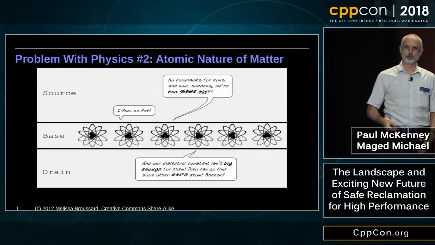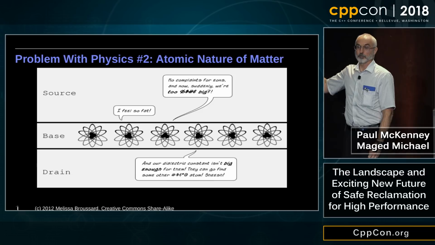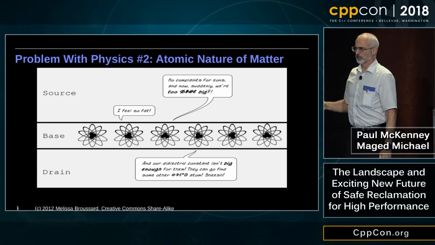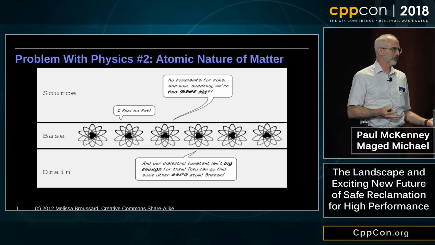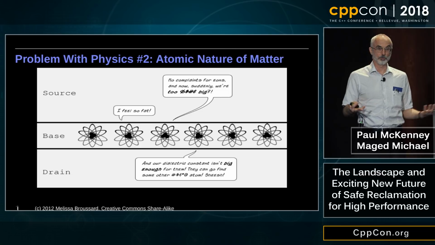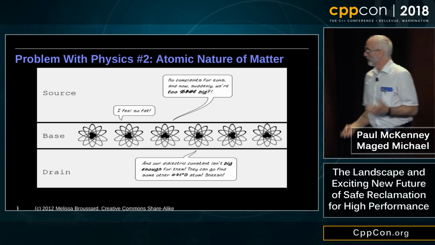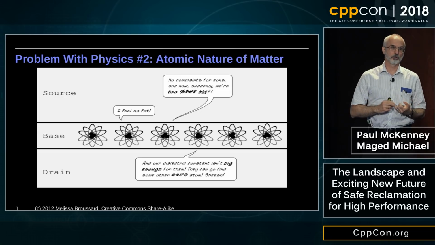Unfortunately, there's also something called the atomic nature of matter. We can split atoms. We've been able to do that for, what, 70 years now, 75 years, something like that. The problem is that after you get done splitting them, the atoms aren't really in any kind of shape to be used in electronics, at least not electronics as we know it today. And so we've got these 2 laws of physics that are really constraining us.